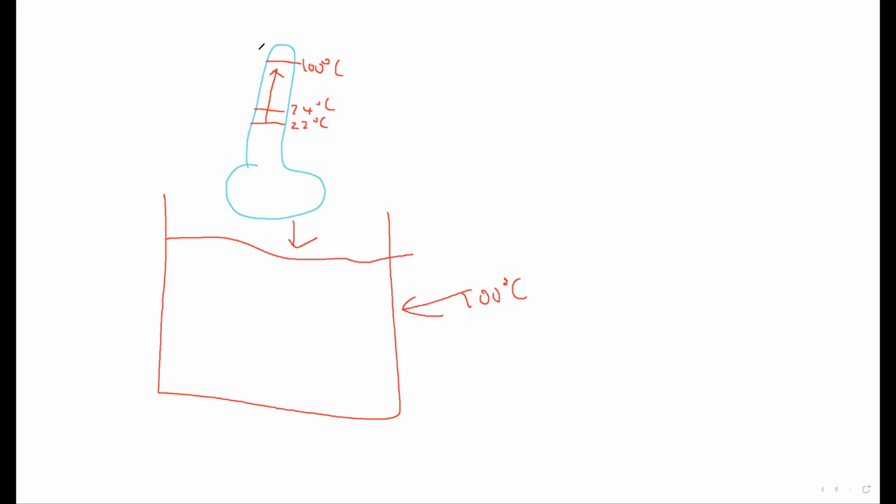Can anyone guess why the liquid drops first before it rises? Anyone want to take a wild guess?